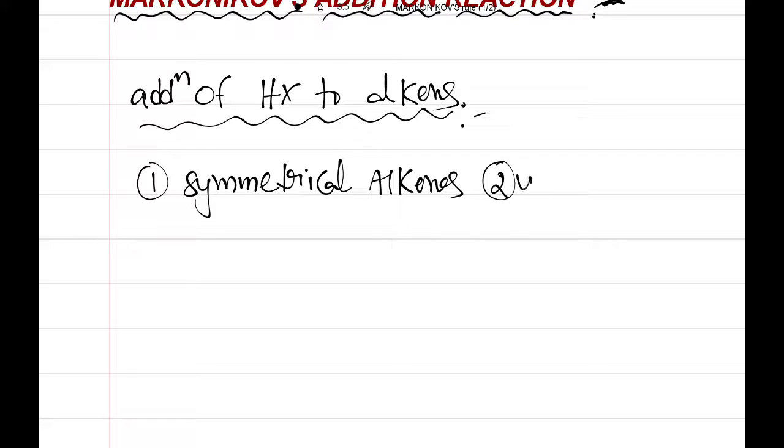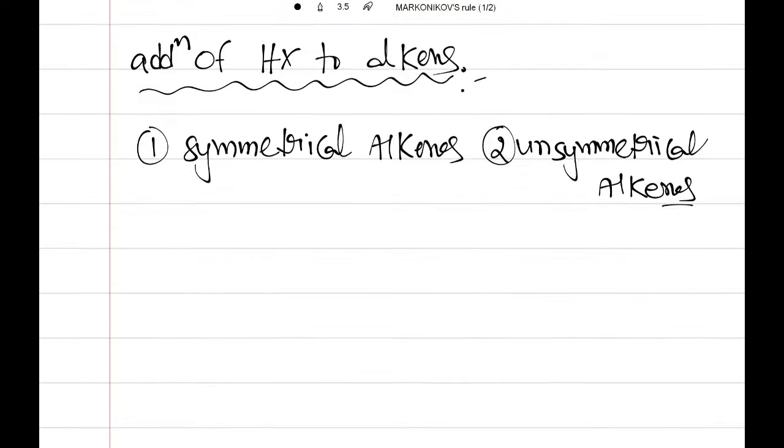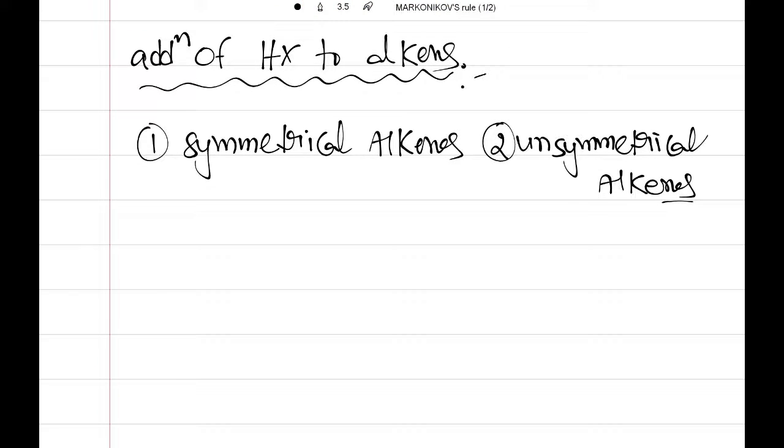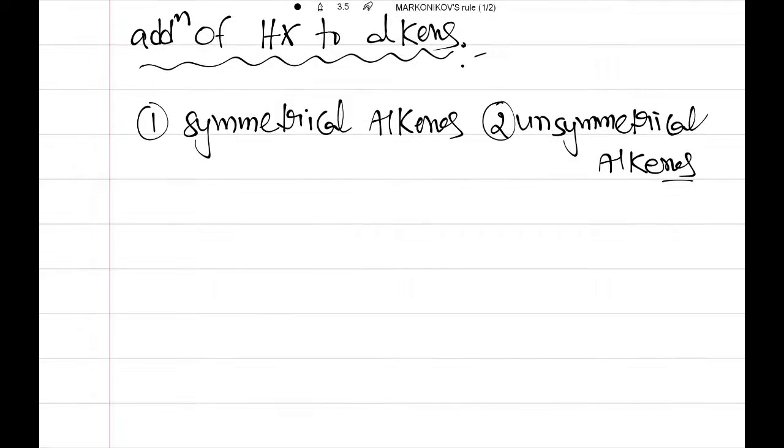If a symmetrical alkene undergoes addition with HX, what will form? If an unsymmetrical alkene undergoes the reaction with HX, what will form? We will discuss these two first. After that, we will go to the Markovnikov addition reaction.